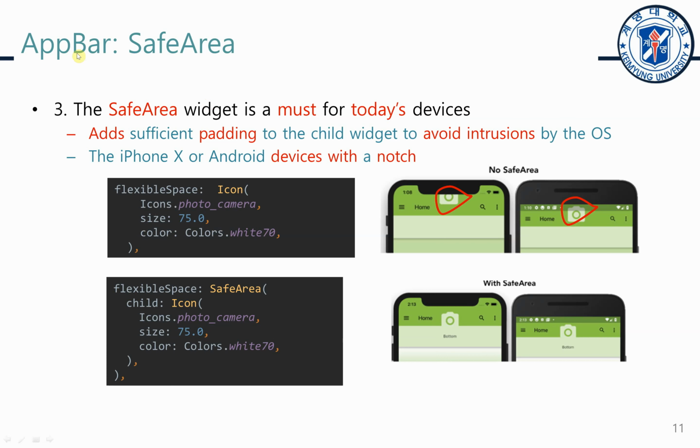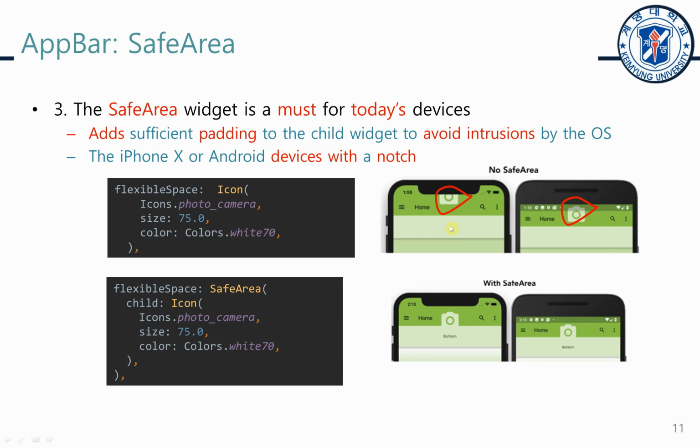So we used the safe area widget on the property of the flexible space, and it will allow us to display the widget or the upper bar without putting it inside a notch or other cloak layouts.